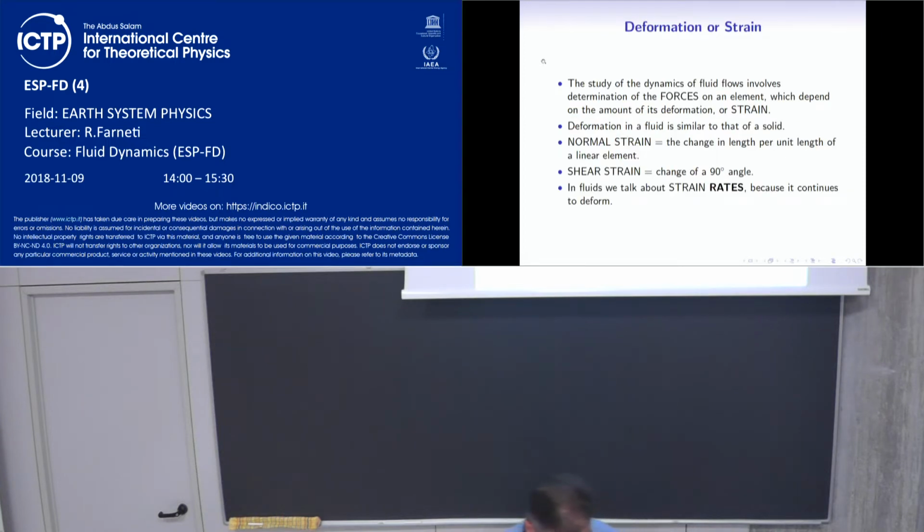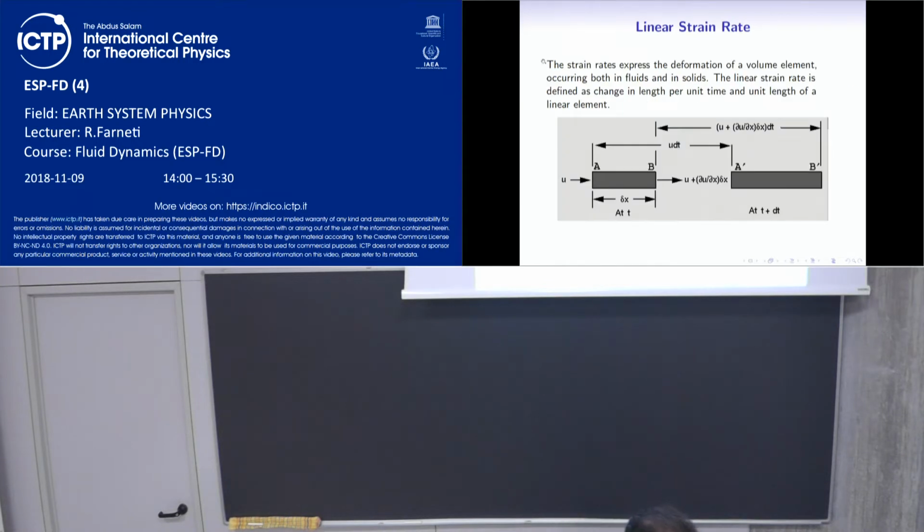Then we looked at the deformations or the strains that an element of fluid can be subject to. There were two main strains: linear strains and shear strains. We look at rates of those linear and shear strains.